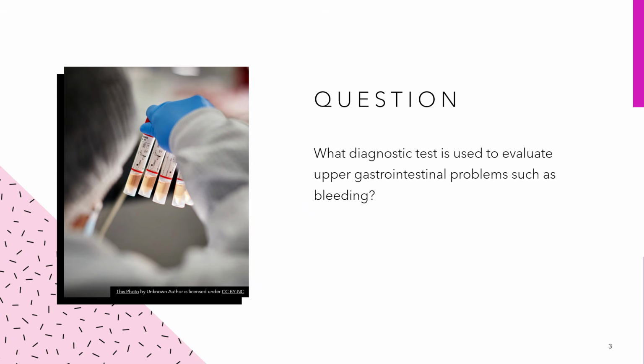So that's usually the diagnostic test, not to be confused with the colonoscopy, which is the camera where we go through the rectum area and we have direct visualization of the lower GI. So we can look at the intestines, the colon, the rectum, those areas.